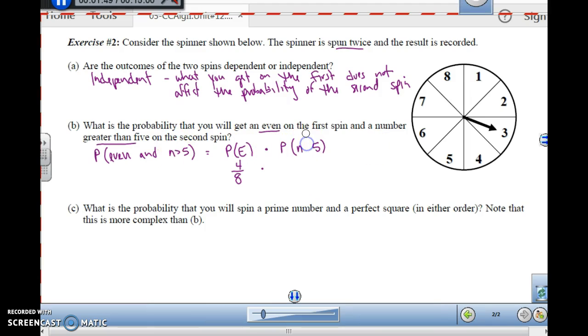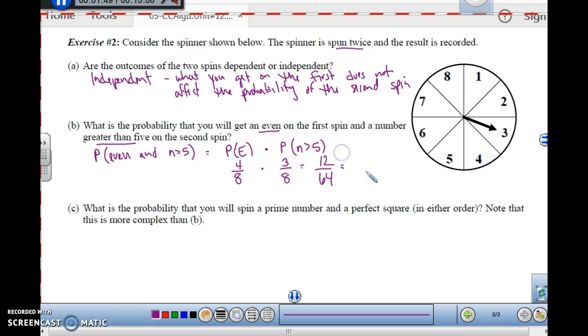Greater than 5 would be 6, 7, or 8, so that would be 3 out of 8. So when I multiply those together, I get 12 out of 64, which will reduce to 3 out of 16. So when you are doing the two probabilities with an and, basically you multiply the separate probabilities together.